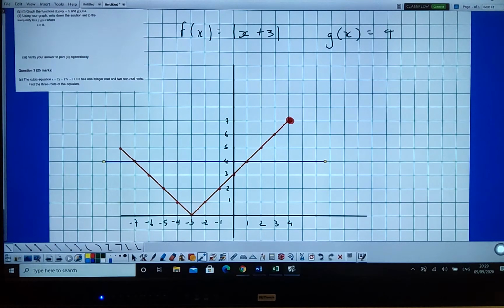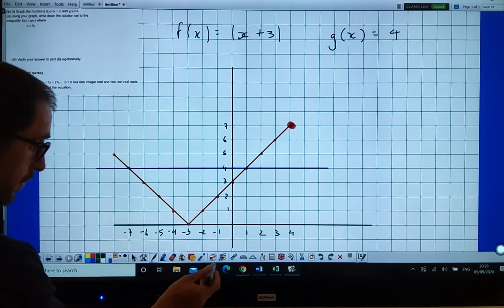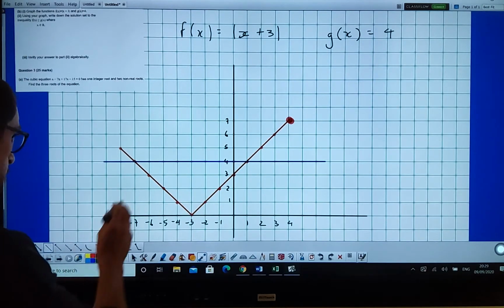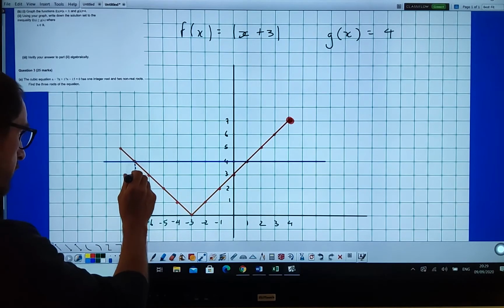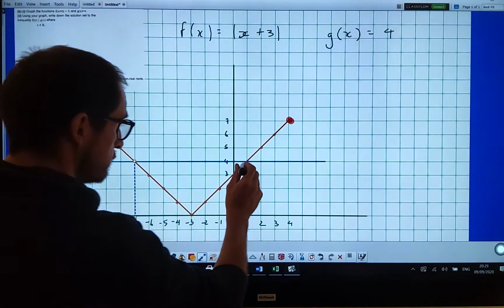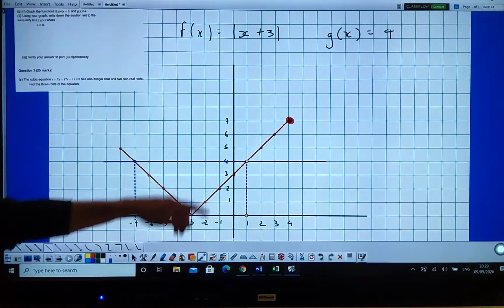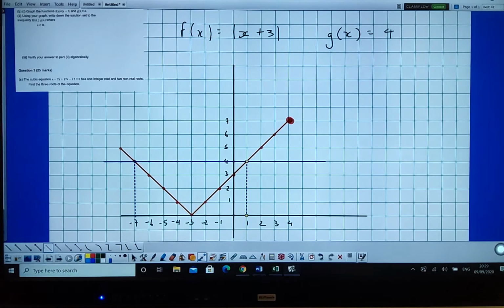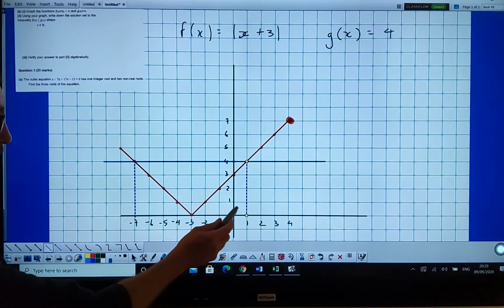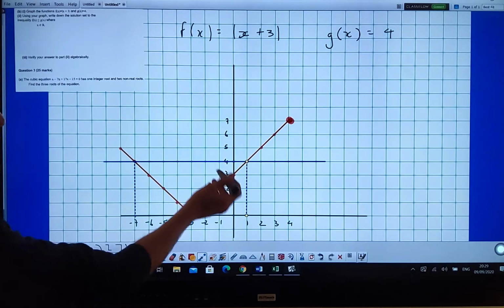than g of x. Okay? So f of x is less than g of x as follows. So if I drew a graph down to here, f of x, g of x. So they're equal at 1 and minus 7. But between 1 and minus 7, f of x is lower than it.